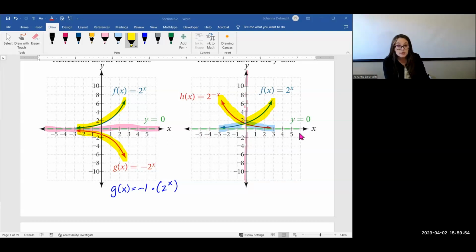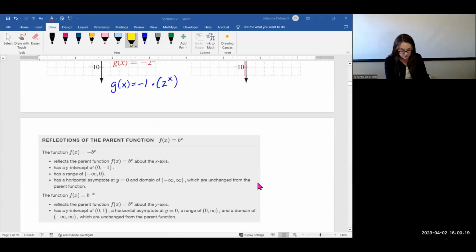The asymptote does not change. It's still y equals 0. The range does not change. It's still 0 to infinity for both of these. And the domain does not change either. It's still negative infinity to infinity. What does change is that it goes from being an increasing exponential to being a decreasing or decay exponential.